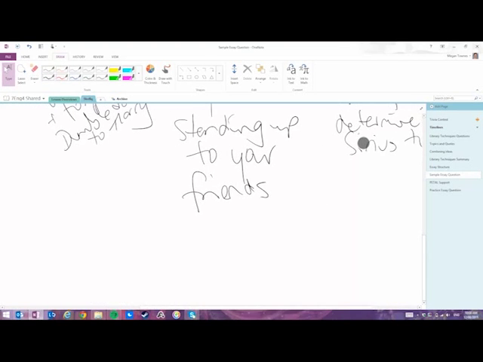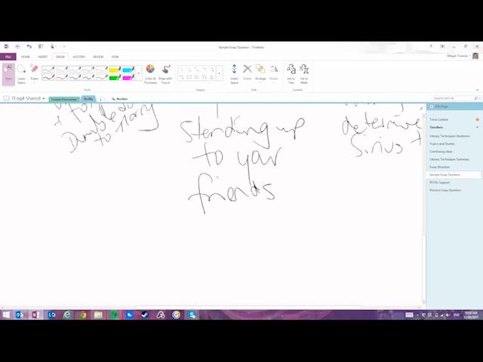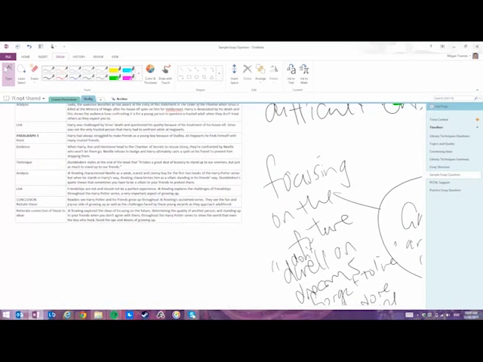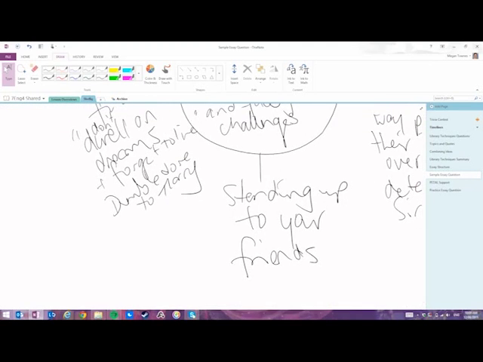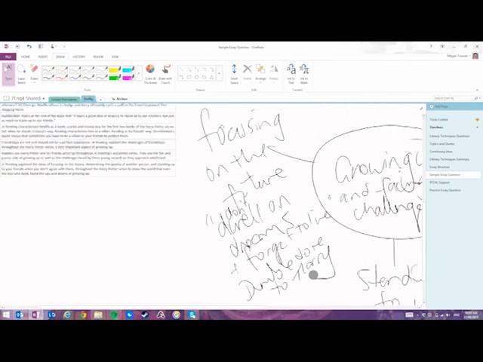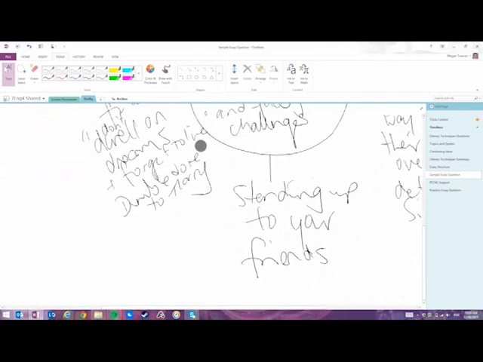And then standing up to your friends. There is a moment in the book where Neville stands up to Harry, Ron, and Hermione. And Dumbledore actually mentions after the fact, towards the end of the book, that it takes bravery to stand up to enemies, but just as much to stand up to friends.